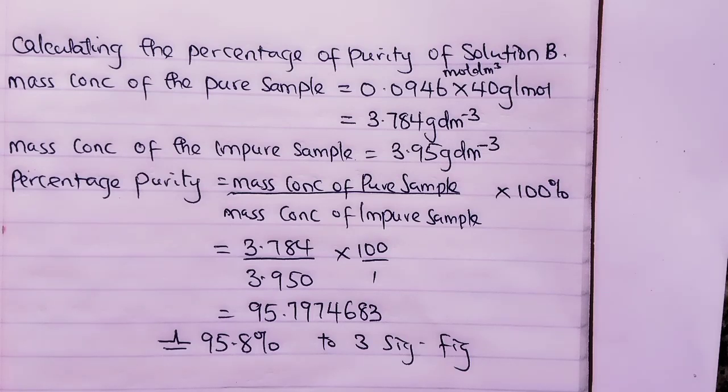Now, if you look at this answer, 95.8% pure, it means that an impurity must be there. There is an impure substance present in the sodium hydroxide. And what can actually be this impurity? The impurity might be as a result of absorption of water and carbon(IV) oxide from the air.